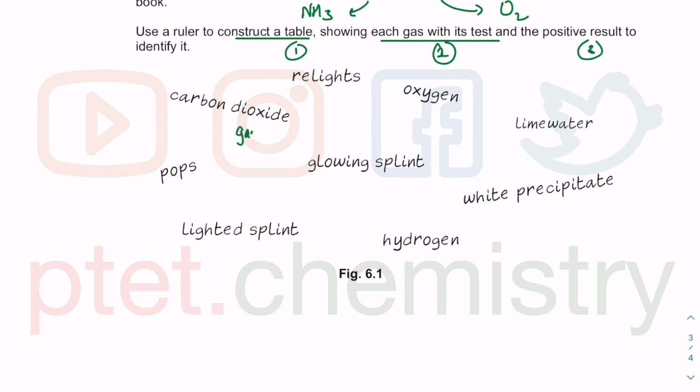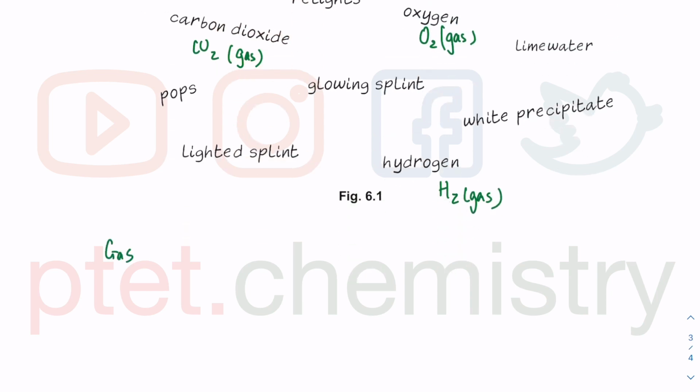So carbon dioxide is the gas, CO2. Oxygen, diatomic gas, we have 21% of it in the atmosphere. And we have hydrogen gas there. If I have my gas, number 1 would be carbon dioxide, for instance. So what is the test for carbon dioxide?